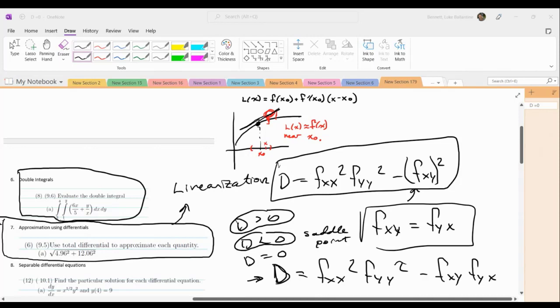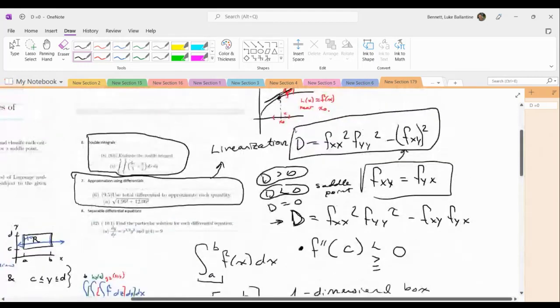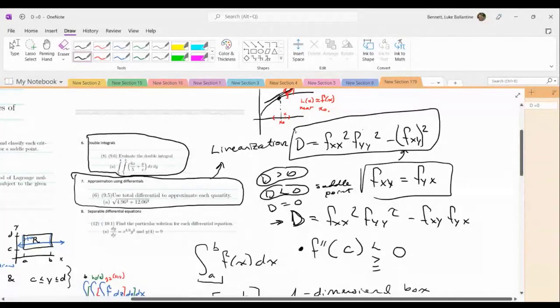What object will we use to do this linearization instead of a line? Anyone want to take a guess? It turns out we're going to use, instead of tangent lines, tangent planes.